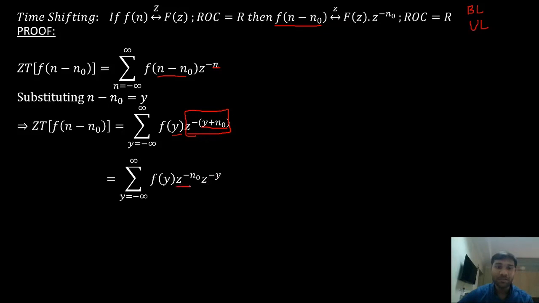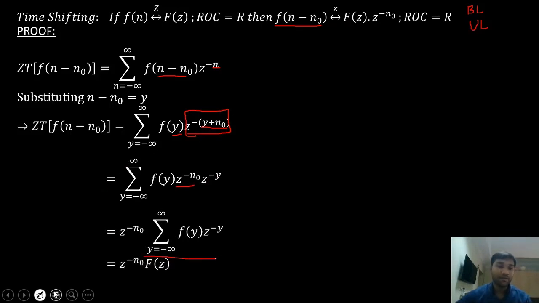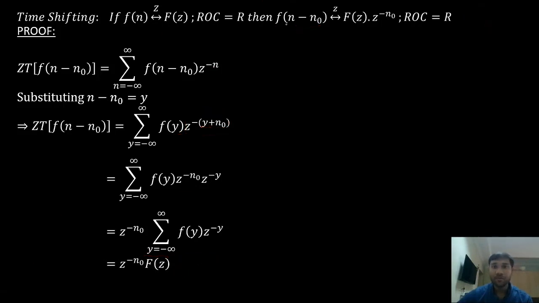Since z to the power minus n naught is a constant, I am getting it outside, and whatever is left is nothing but my F of z. So this is the time shifting property. The time shift f of n minus n naught has a Z transform F of z multiplied with z to the power minus n naught. This is the bilateral case.